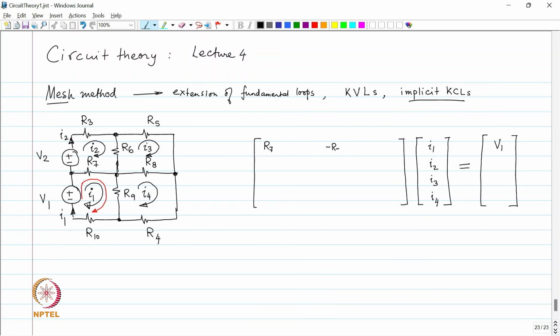Then I have I1 minus I4 into R9, and lastly I have R10. Is this clear? Are you able to do this mentally? Clear?